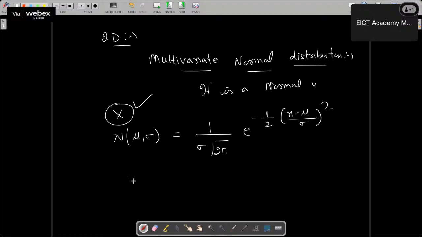If there is more than one input, let's say x and y, or x1 and x2, then we call it a multivariate normal distribution.